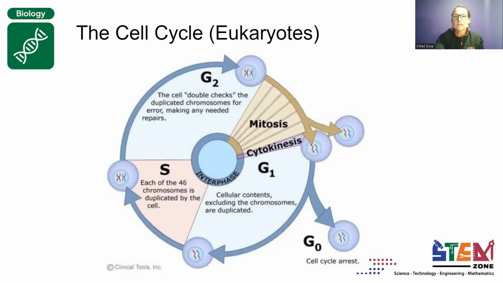Now, some cells do not replicate. Some cells, for example, heart cells, you're born with certain heart cells, and once that organ is done developing, those cells don't replicate any further.